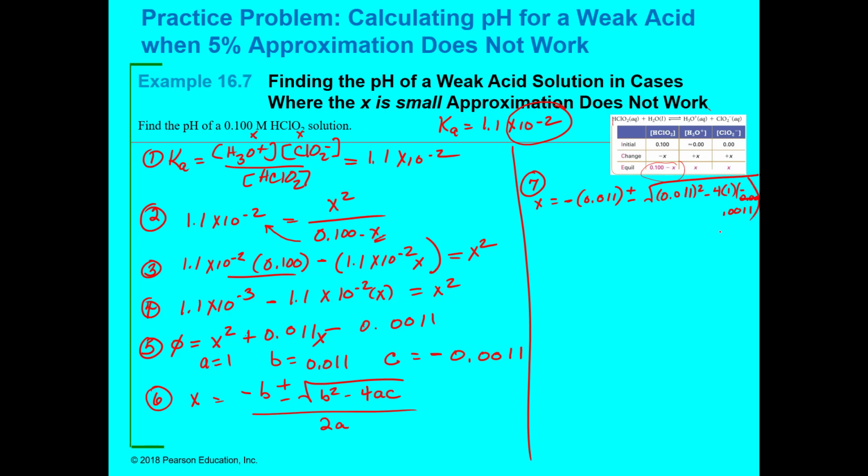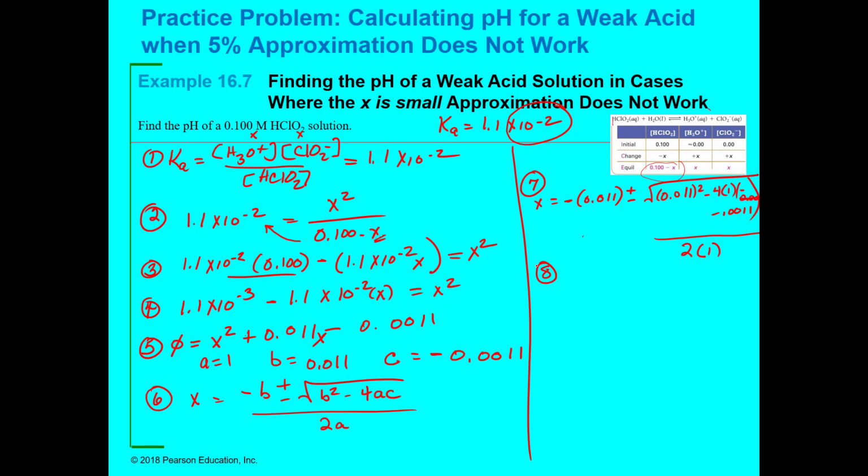Sorry, I always seem to run out of room. I should write smaller at the beginning. All right, so that's negative of negative 0.011 plus or minus the square root of 0.011 squared minus 4 times 1 times negative 0.0011, and then that's all divided by 2 times 1, 2a.